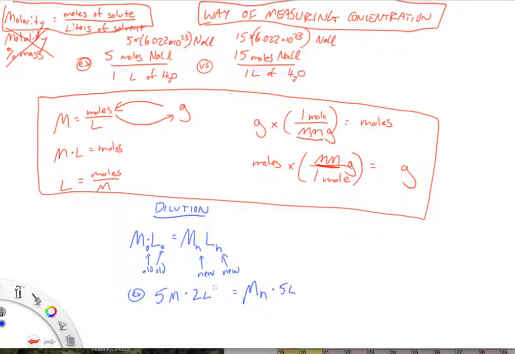You rearrange this so that you divide both sides by 5. So our molarity of the new solution is going to be 2 molar. Okay, so that's how you do that.